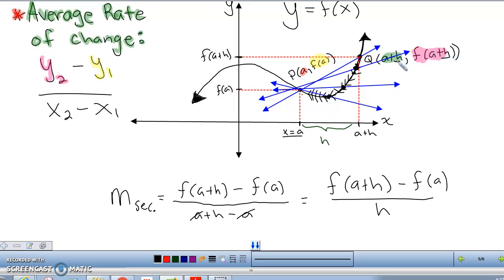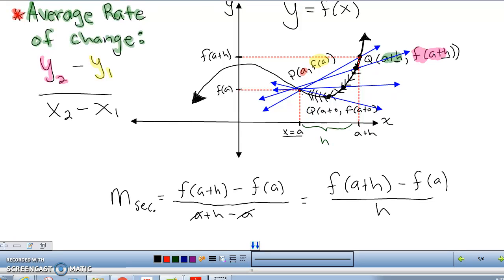It's like it's becoming zero. It's going away because eventually point Q will be a plus 0, where h is 0, comma, f of a plus 0, which is just a comma f of a.